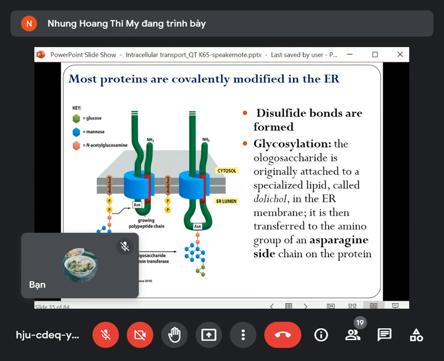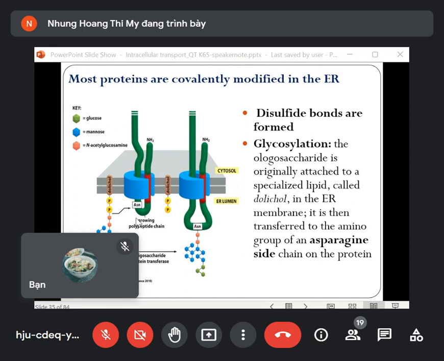Many proteins are glycosylated on asparagine. This is one amino acid on the polypeptide chain when the protein comes to the ER. Whenever the polypeptide chain exposes an asparagine in the sequence, at this site the protein will be glycosylated.